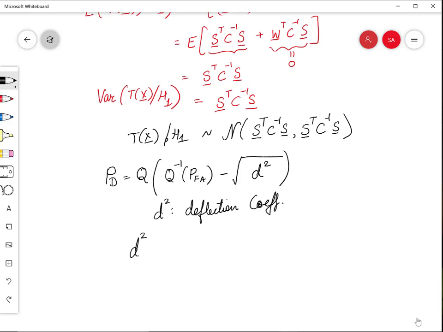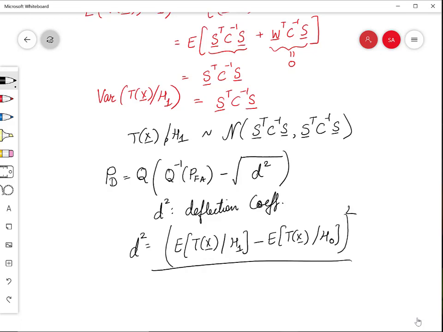In this case, D square is defined as the expectation of T of X given H1 minus the expectation of T of X under hypothesis H0, whole square, divided by the variance of T of X under either hypothesis H1 or H0.